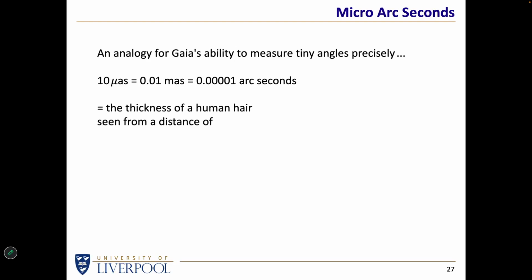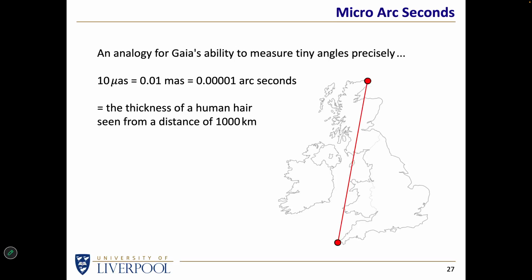When we're thinking about an angle, it's equivalent to the thickness of a human hair as seen from a distance of 1,000 kilometers. Imagine you were standing in Land's End looking at somebody at John O'Groats. It's the equivalent of saying you're going to determine the position of that person to an accuracy of the width of a human hair.